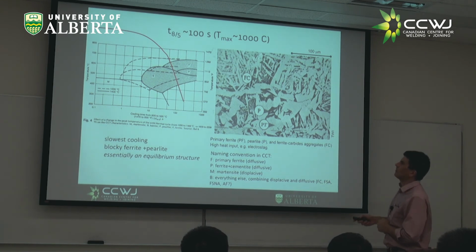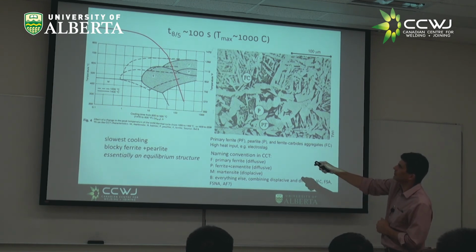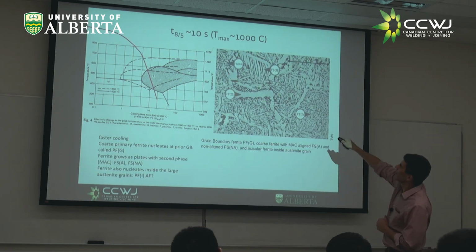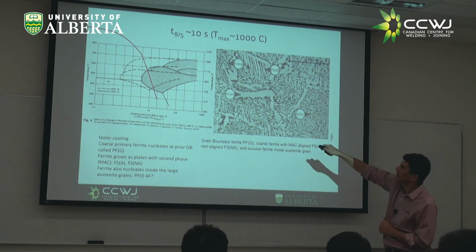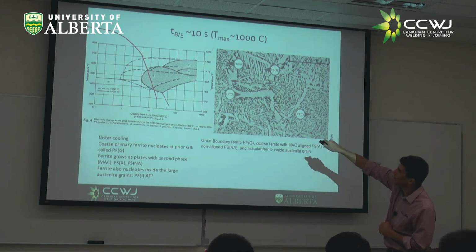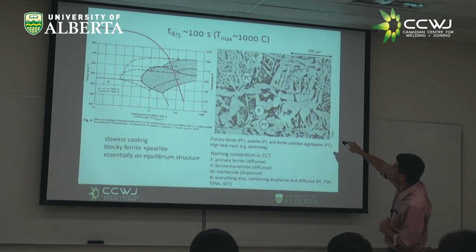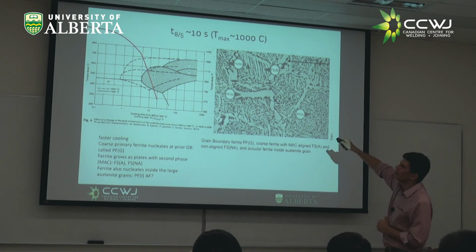Right? And now if I cool down faster, instead of this curve, I have something that is faster. Now I have no more pearlite. Right? If I cool faster, I see no more pearlite. And you see there's no more black dots here. You see all these black splotches here? That's pearlite. No more of those.